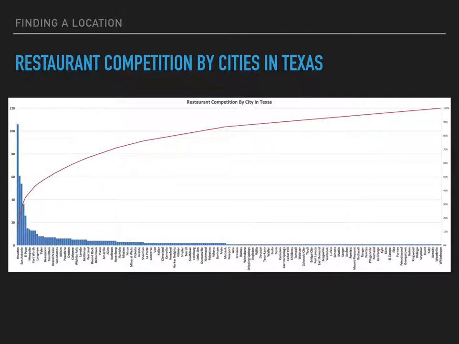So choosing Texas as the state to buy a business, we're going to look at restaurant competition by city. The reason we want to take restaurant competition by city is that we want to know that these cities have an interest in the fast food chain.